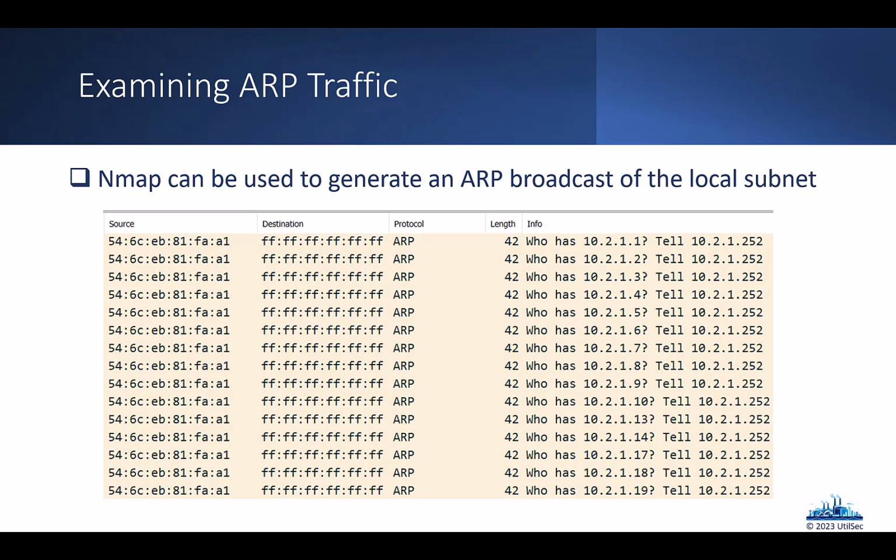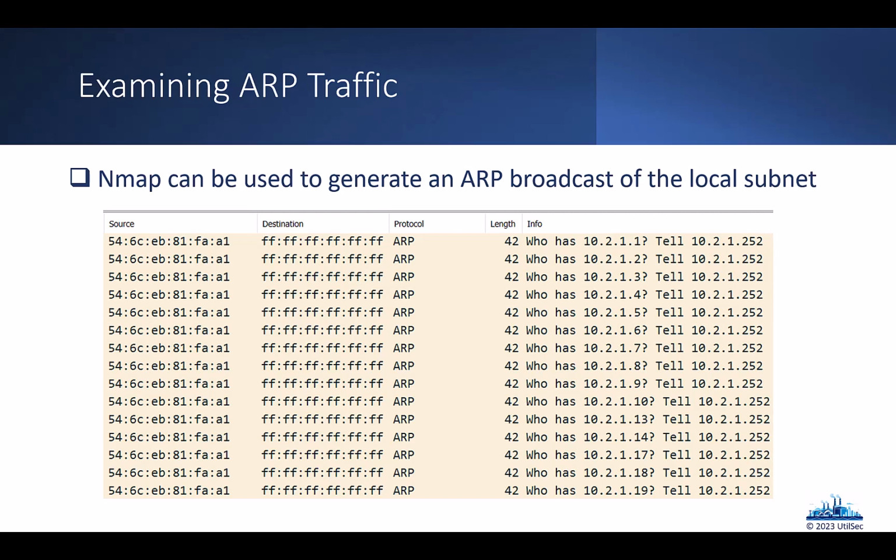Nmap realizes that if you're trying to scan the same subnet you're connected directly to, it's much quicker and more efficient just to do an ARP broadcast. That way, if there are hosts out there, they should respond back.